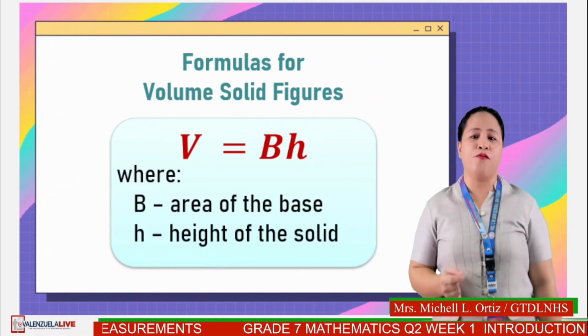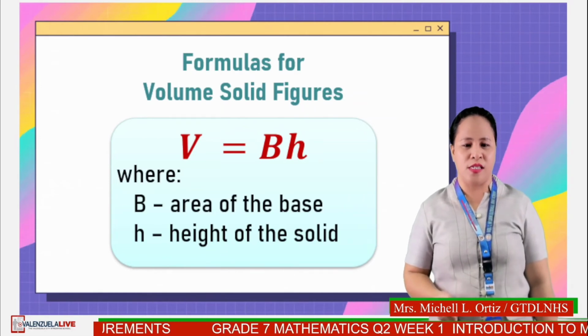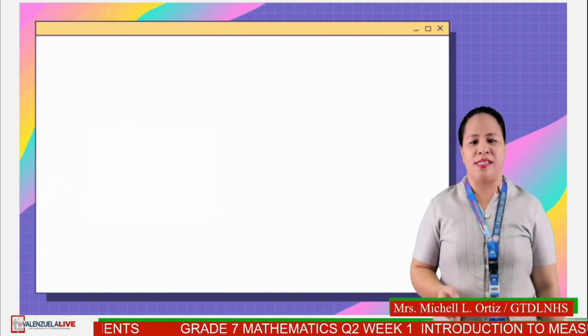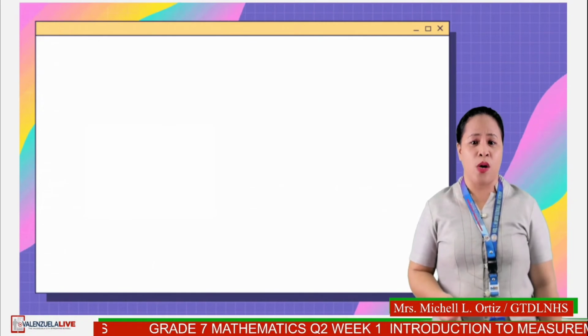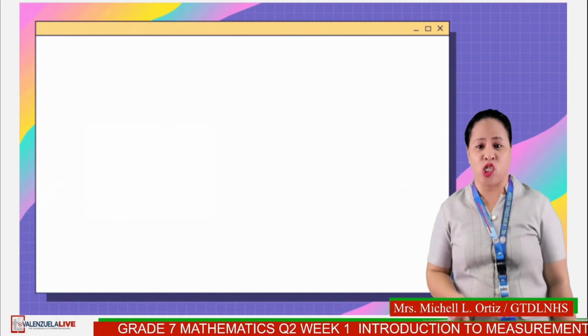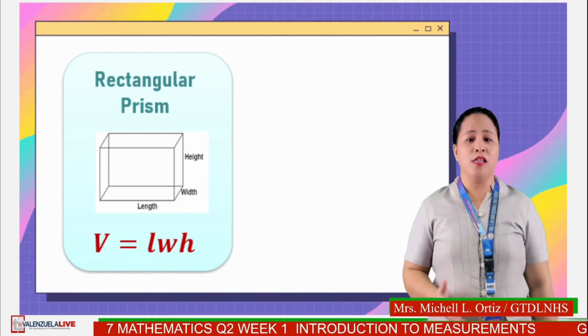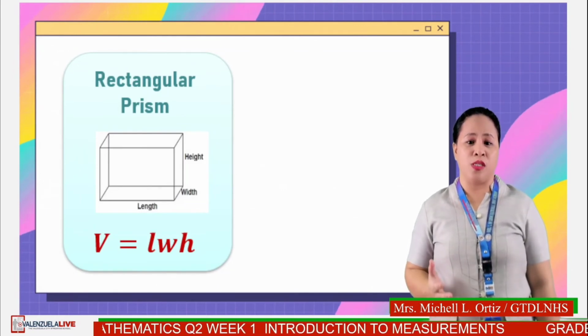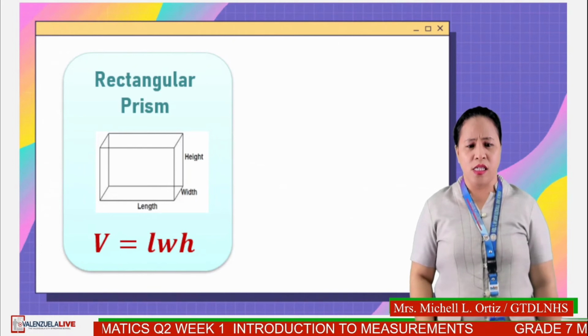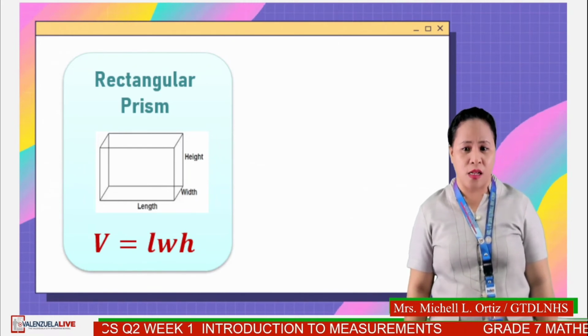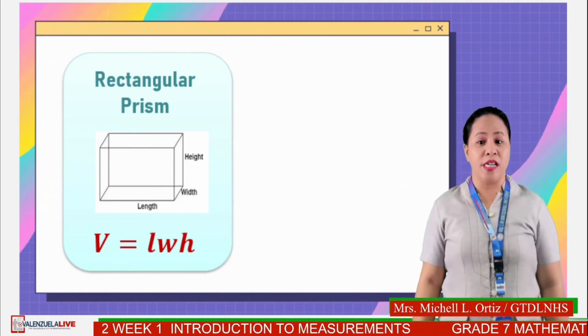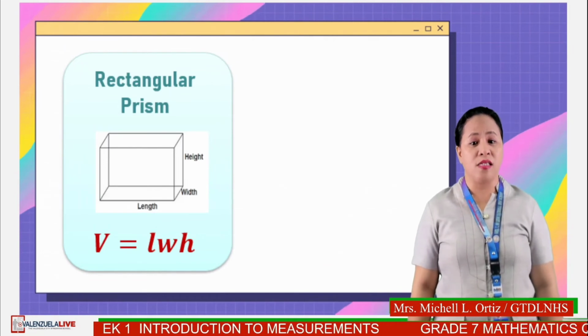To determine the formula of other solids, we simply replace the area of the base with the formula for the dimension of its base. For prism, volume is equal to length times width times height, since its base is a rectangle, so we replace the area of the base with length times width.